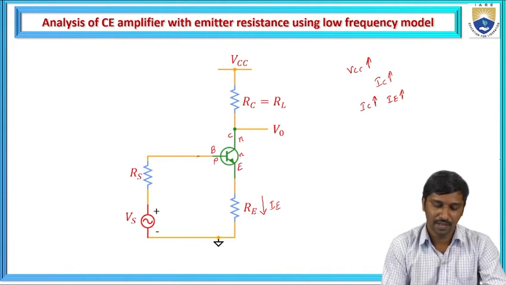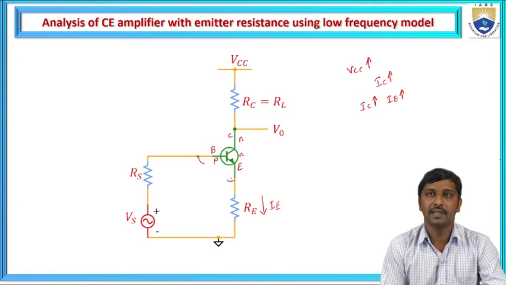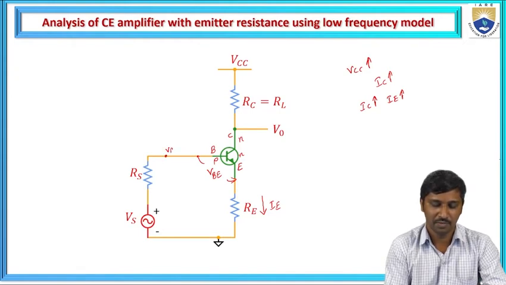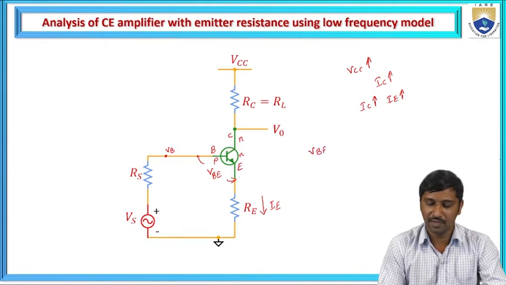And we know that the potential difference between this base and emitter terminal is represented as VBE. Let us take this is the VB node. And from the definition, VBE means the potential difference between base and emitter.